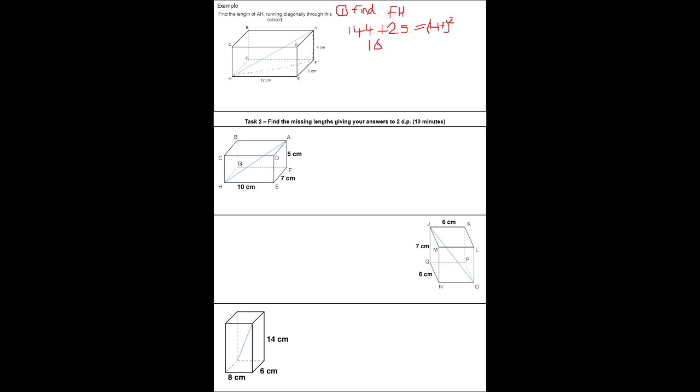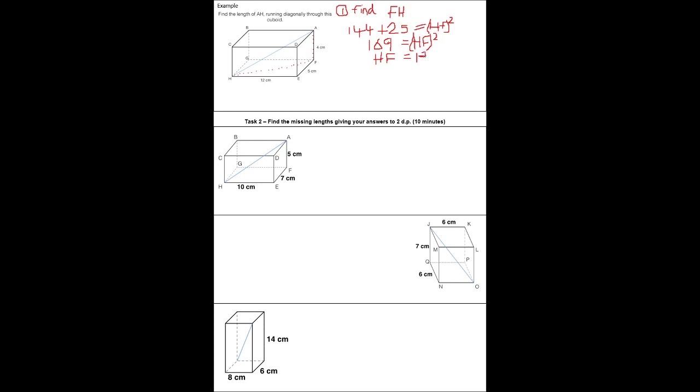This is a nice Pythagorean triple here, which is when all of the sides are integers. Think of them as like perfect Pythagorean triangles. Okay, so if that is HF squared, I know that this writing is shoddy. I do apologise. Don't forget it's HF as one thing. That means that HF is the square root of 169, which is 13.